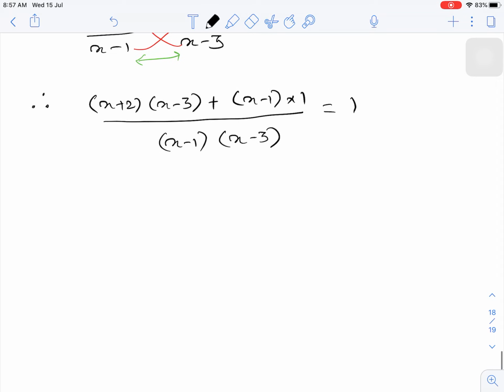Now we have to multiply it one by one. How to multiply it: we will keep this x as it is, multiply with this full bracket, then 2 with this full bracket.